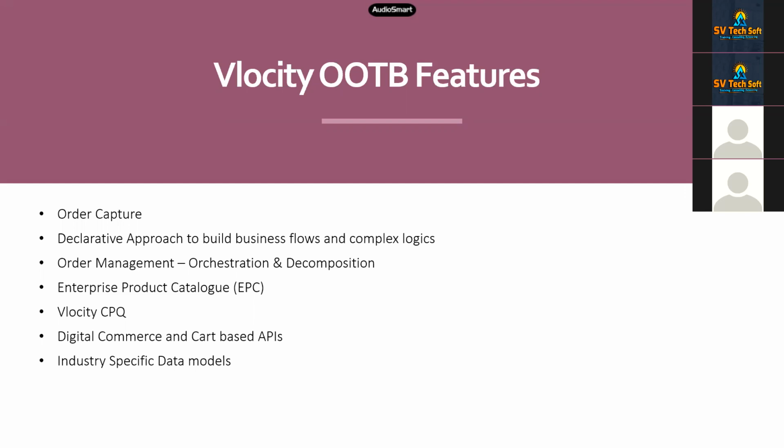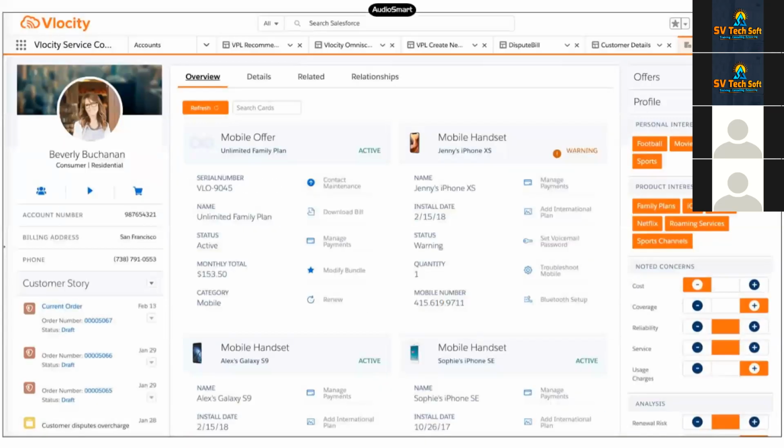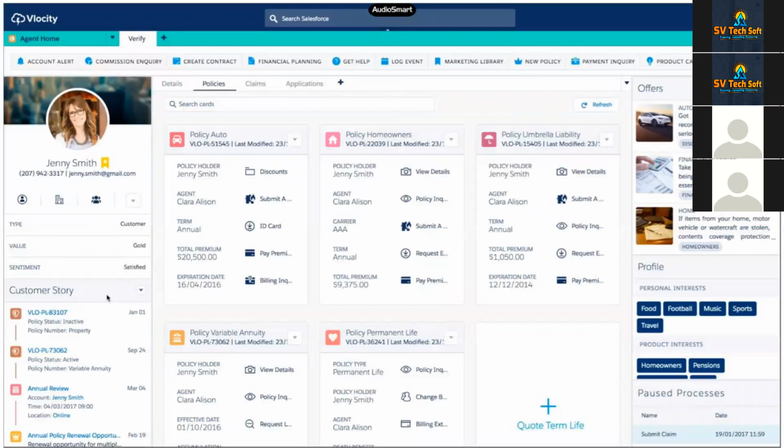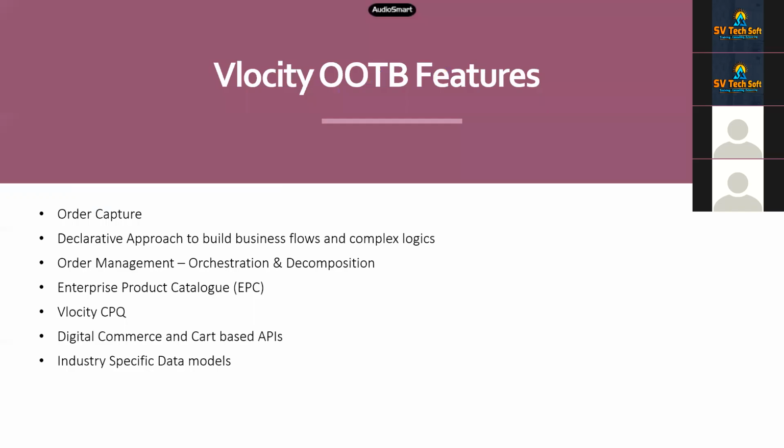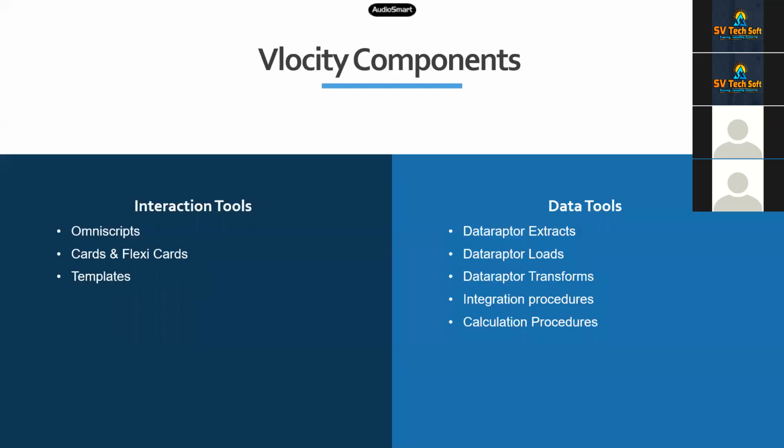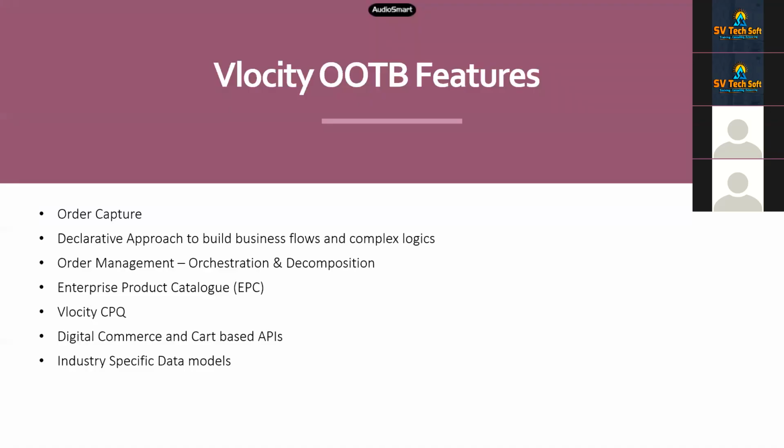So as part of our training, we are going to cover all these Velocity out of the box features and these Velocity components that you are seeing on the screen. We are going to concentrate on the energy, utilities and telecom domain.